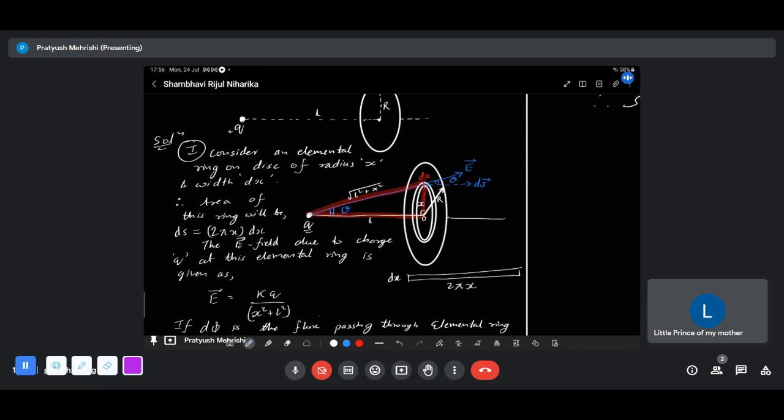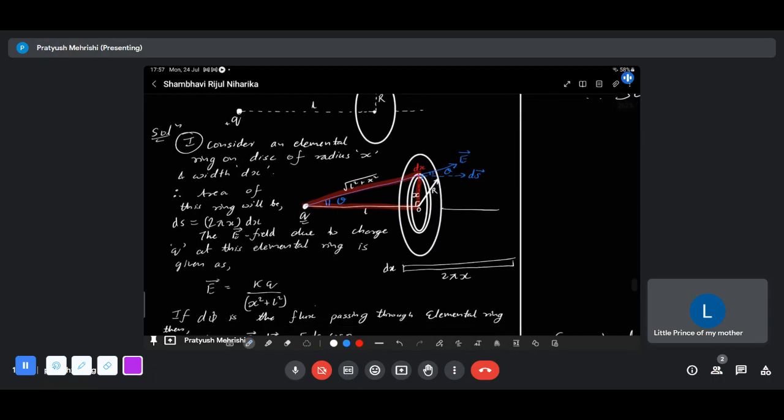Now this elemental area acts as our base for finding the electric field. Electric field is equal to what? The field due to a ring, and field due to a ring is kqx upon (x square plus L square).